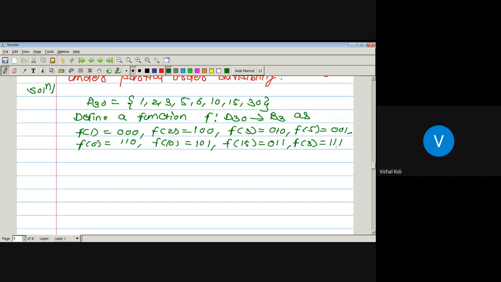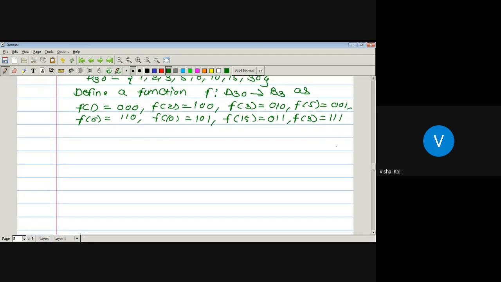Okay, now we know how to draw the Hasse diagram of B3. B3 is nothing but this one. Here is 0 0 0, here there are 3 elements, 1 0 0, 0 1 0, 0 0 1. As this one is the immediate successor, join these elements.